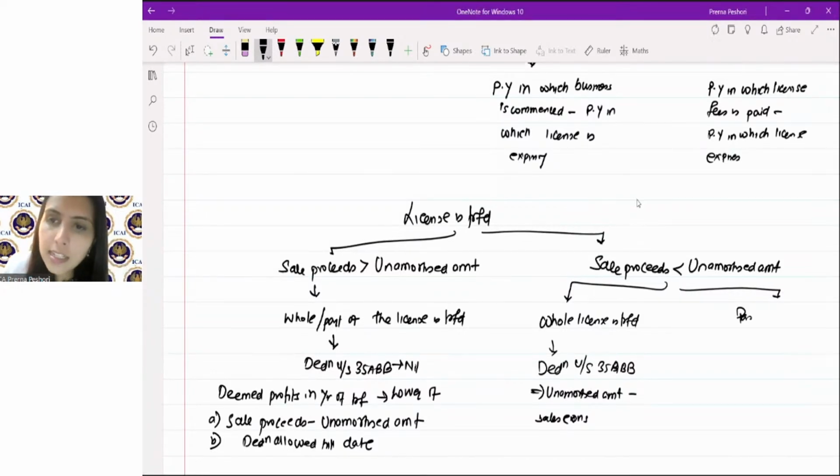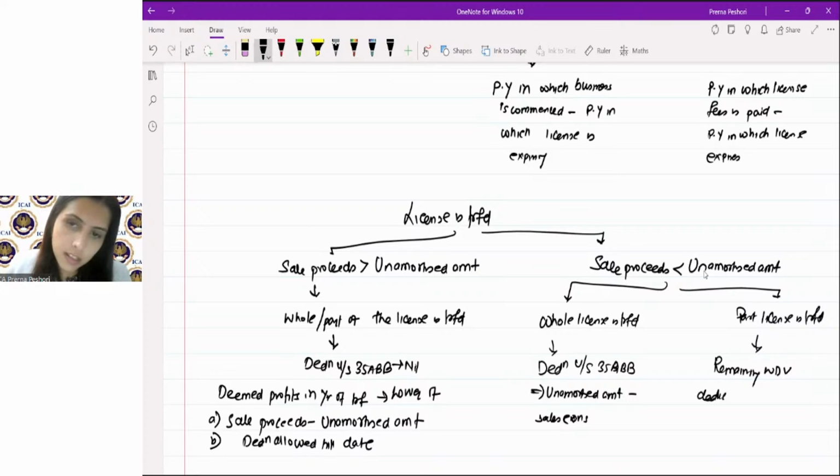If part of the license is transferred, then the remaining WDV is deductible over the period of license. Like in a similar way, we deduct the assets from the block. In a similar way, if part of the license is transferred, you will deduct the expenditure.